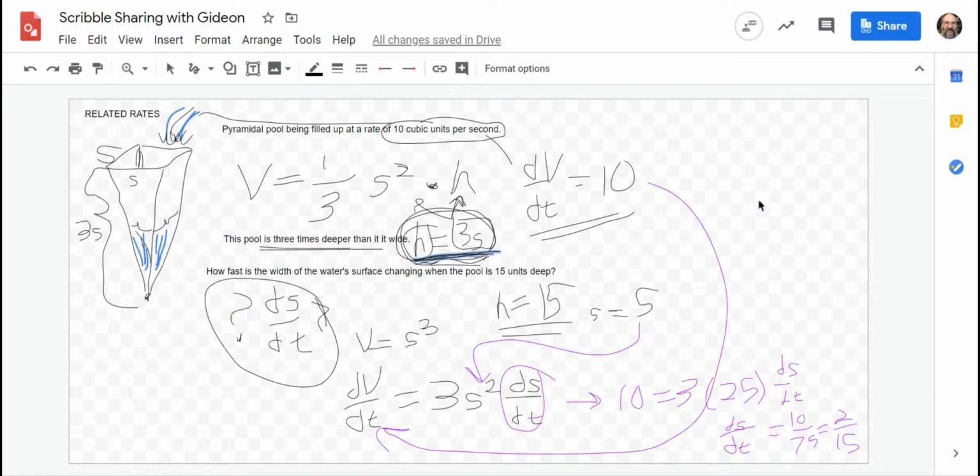As a final note, of course, you do see that there are 3 variables in this related rates equation. So in this case, you were given the s and given the dV/dt and asked for the ds/dt. You could have been given the s and the ds/dt and been asked what the dV/dt was. Or you could have even been given the 2 rates and asked, hey, how wide is the square at that moment?